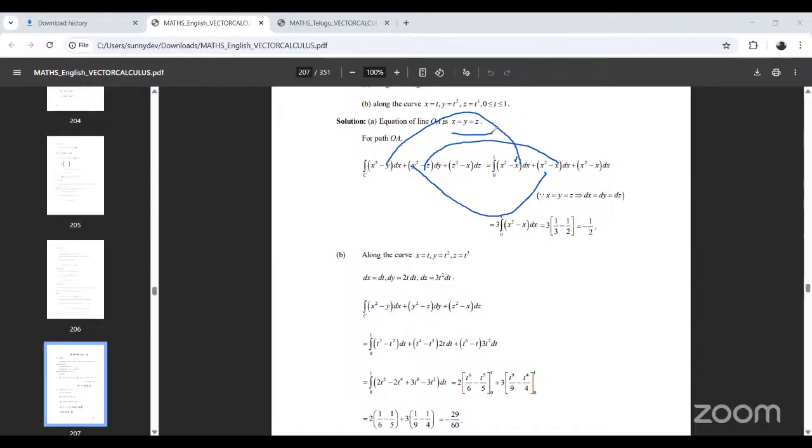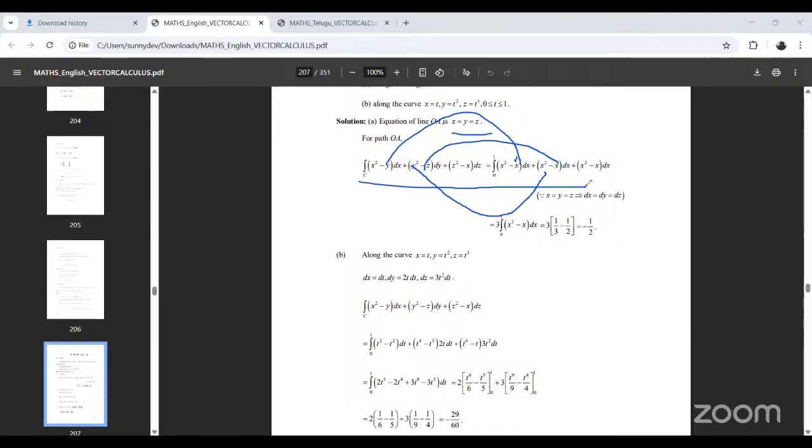Then dy becomes dx and dz also becomes dx, because x equal to y equal to z, and on differentiation dx equal to dy equal to dz. So this is the important thing. We substitute, and totally the function is changing into the x variable.